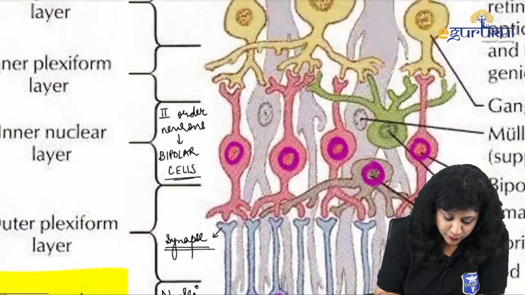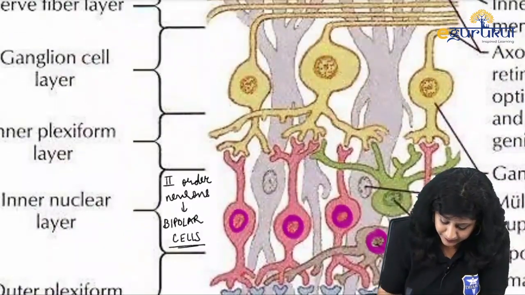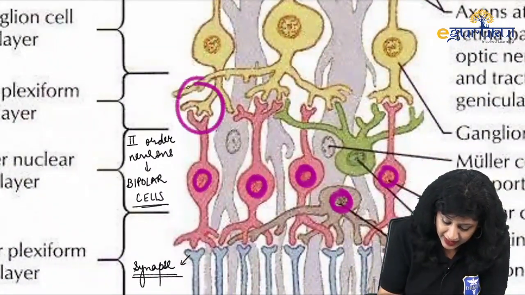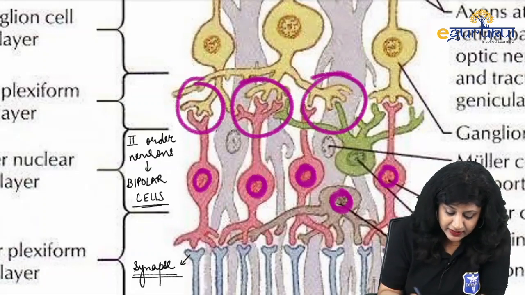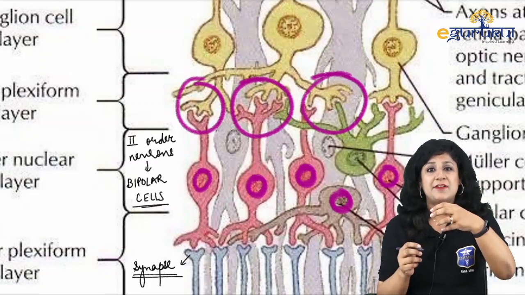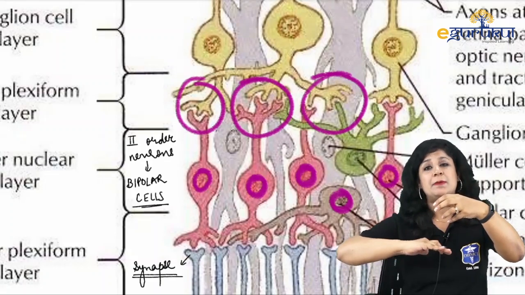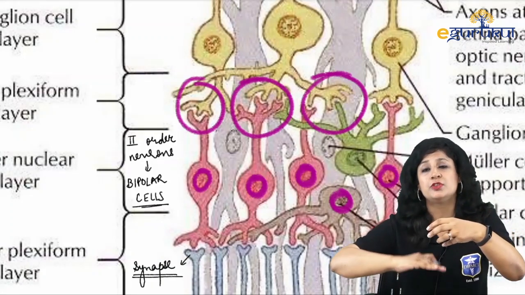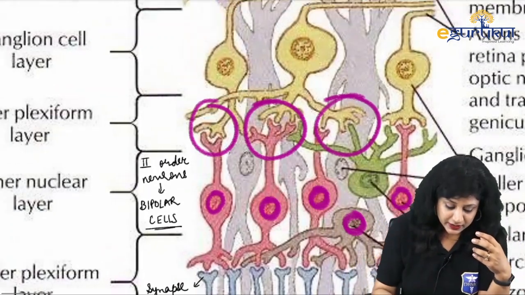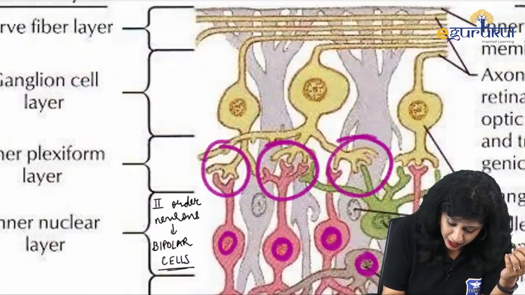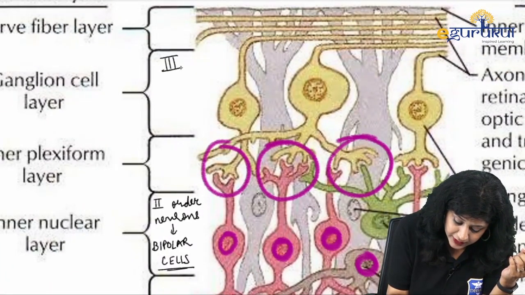Now, as you move towards the inner plexiform layer, can you see again we have got the synapse here. So in the inner plexiform layer, again we have synapse, and on one hand I have got the bipolar cells, which are your second order neurons. So obviously on the other side I will have the third order neurons. Now you know what your third order neurons are.